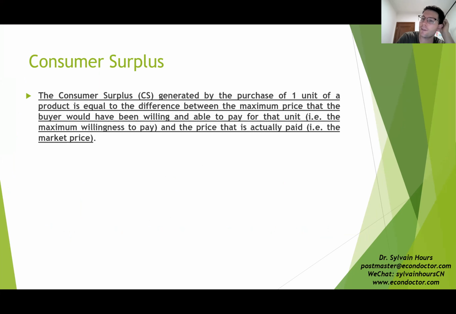And we should really emphasize that this is the definition of the consumer surplus, but only for one unit: the maximum price you are willing to pay for that unit and the price that you pay for that unit. Basically, it's important to distinguish the unit consumer surplus and the total consumer surplus in the market.